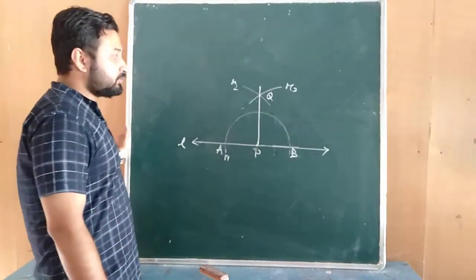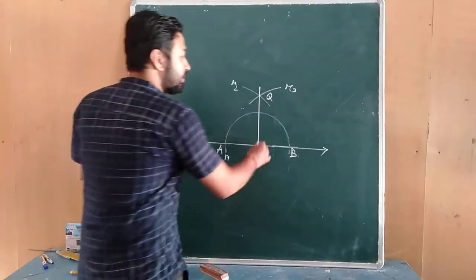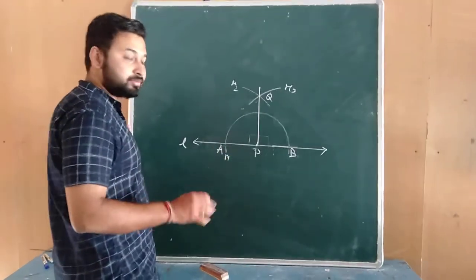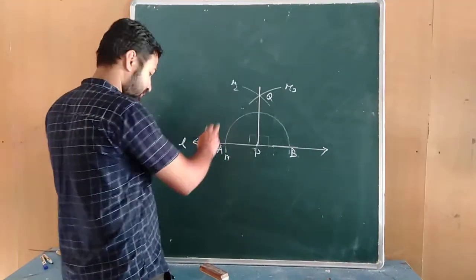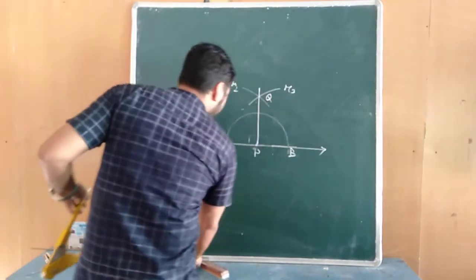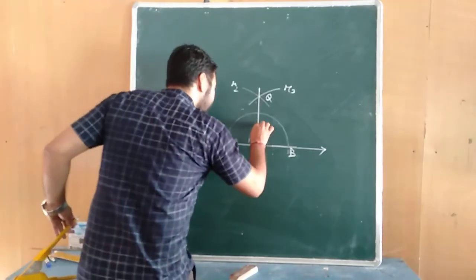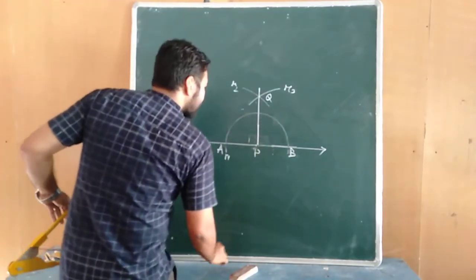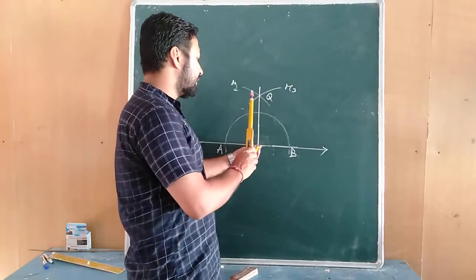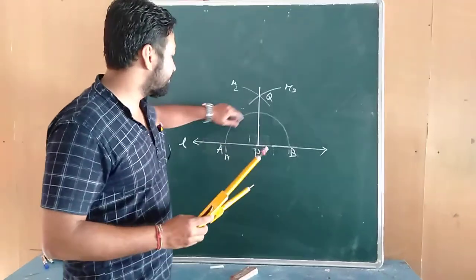Now, what do we need? An angle of how much? 135 degrees. So this part is 90 degrees and this part is 90 degrees. We can bisect any part. Let's bisect this part. So for bisection, what is required? We should take this center and draw one arc, but we already have one arc.